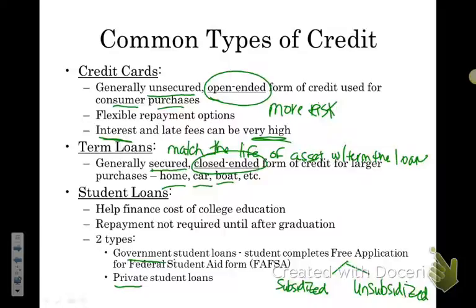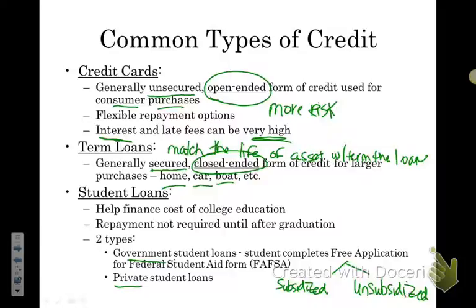But what happens is starting from September through your graduation, which is, let's say, 4 years later, there's interest building up on that student loan the whole time. With a subsidized student loan, the nice thing is the government subsidizes and pays that interest for you.